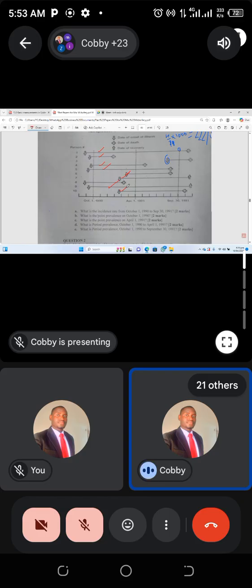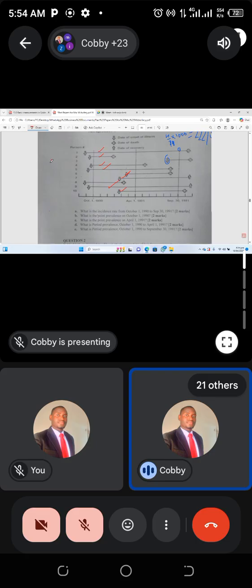What will be the total population at this time? To be 20. So it will be 1, 2, 3, 4, 5, 6, 7, 8. Is it 9? 1, 2, 3, 4, 5, 6, 7, 8, 9.